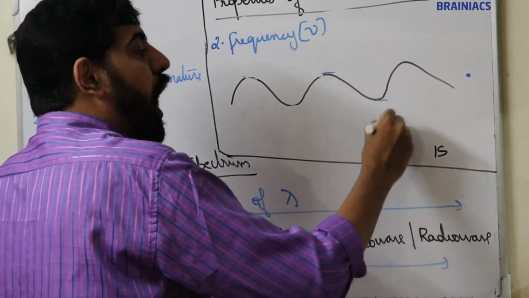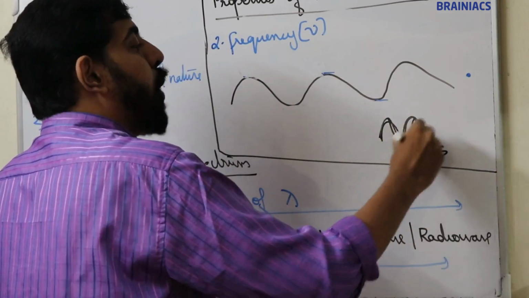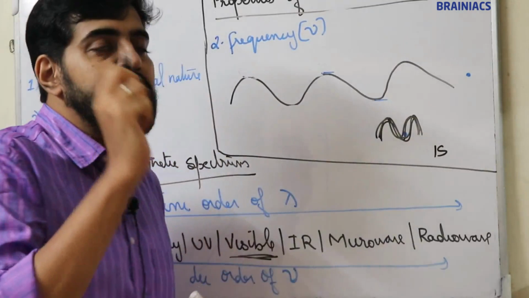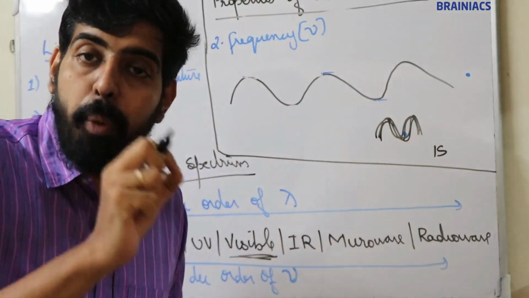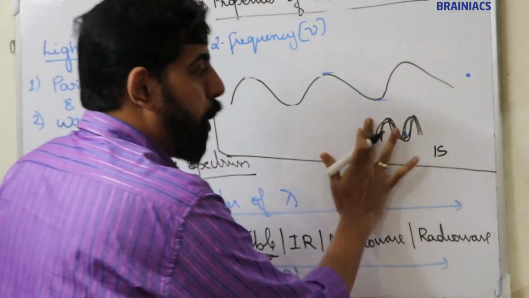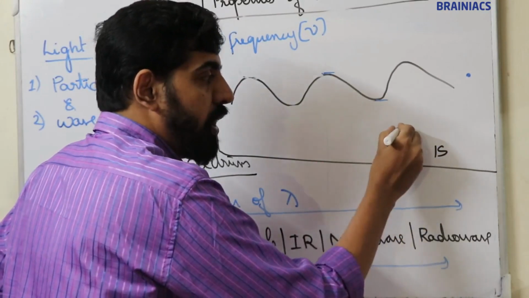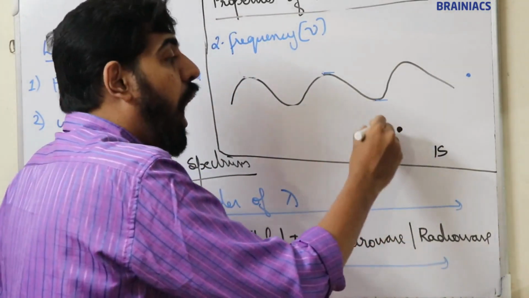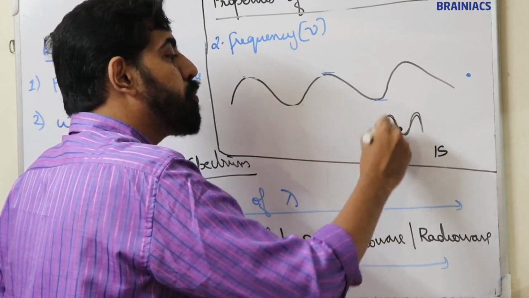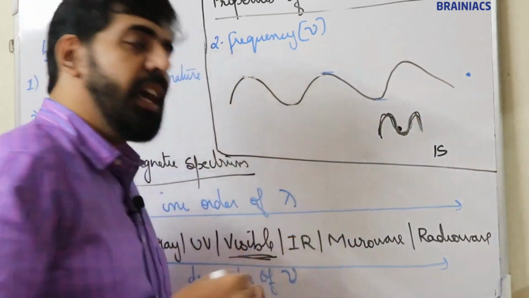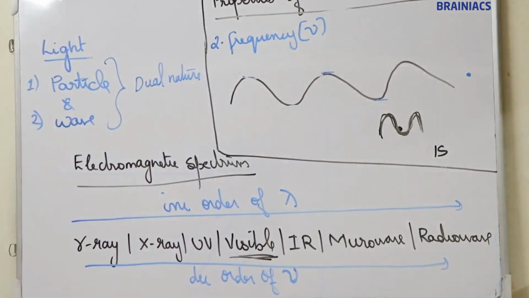In 1 second, how many waves are passing through a point? That is frequency. Consider a point here. In 1 second, how many waves are passing through this point? That is known as frequency.